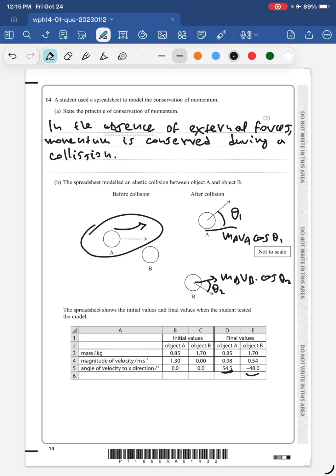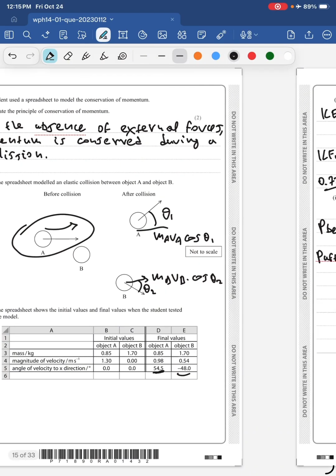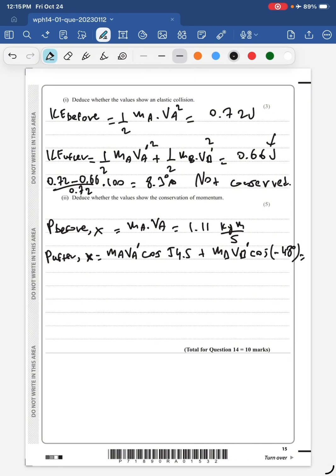So it's in the negative direction. I mean, it goes clockwise, as they say. This gives us 1.1 kilograms meters per second. So in the x direction, we have a conservation of momentum.